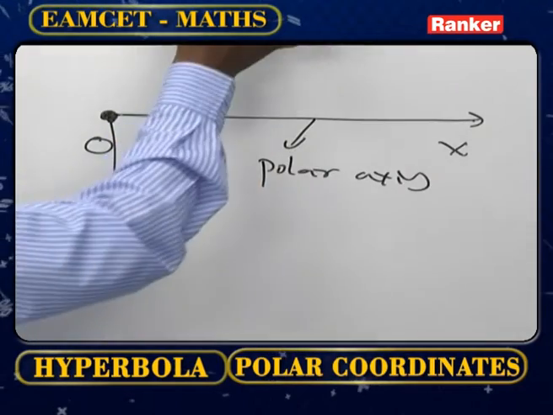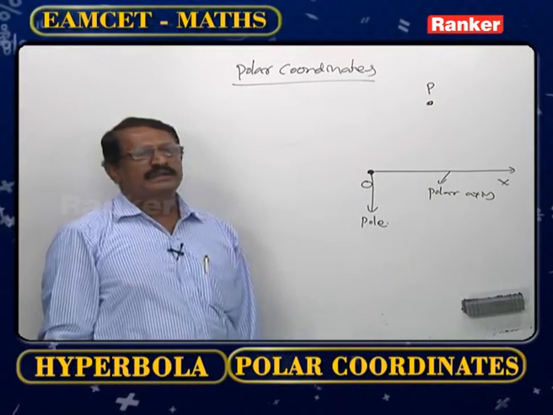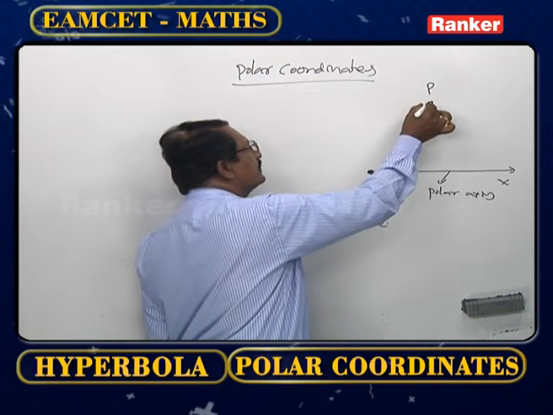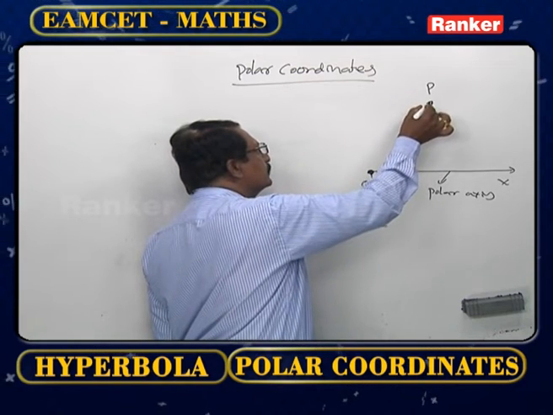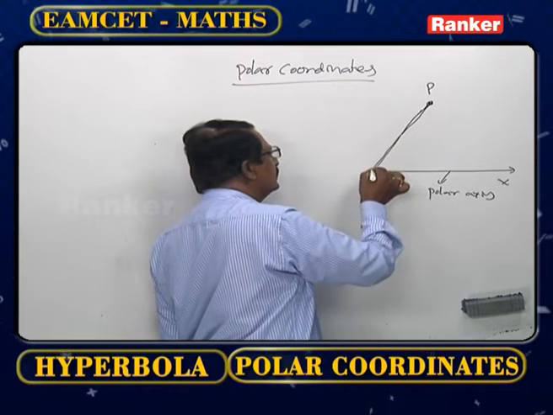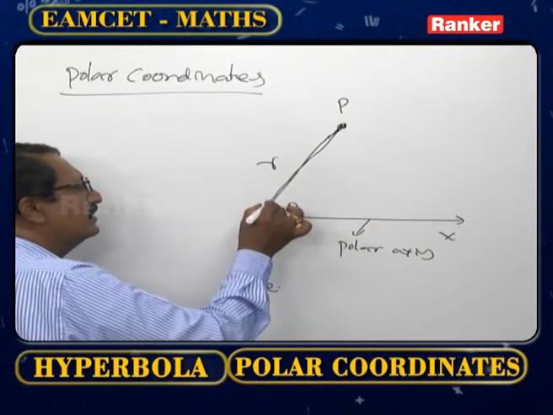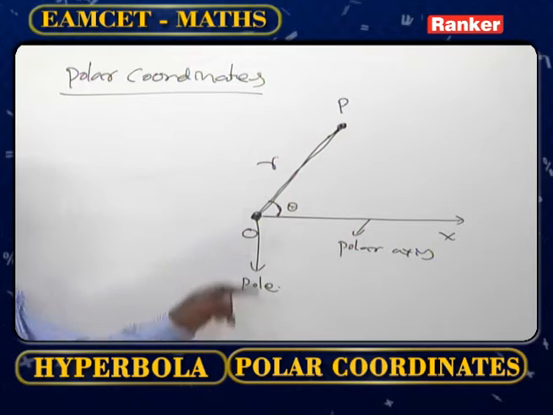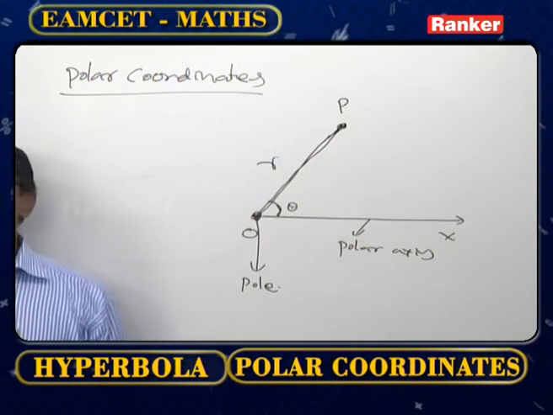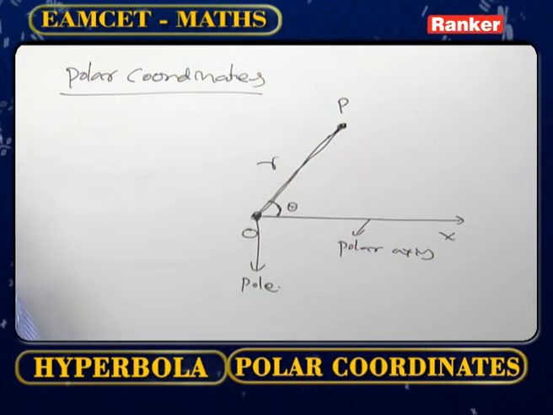Suppose P is any point in the plane such that the distance between the pole O and the point P is r units and OP is inclined at an angle theta with the polar axis.